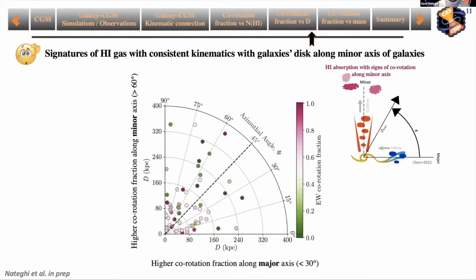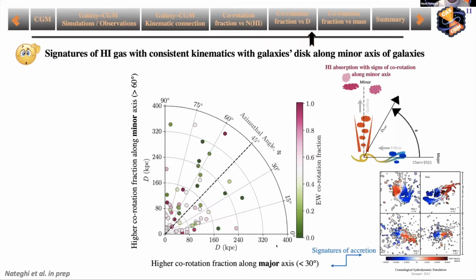So this could show that the gas with high corotation fraction along the major axis could probably trace the gas accretion onto the galaxy, but the corotating gas along the minor axis may trace the outflows that are still kinematically coupled to the host galaxy where they are ejected from, or this could also trace the galactic fountain where the gas is recycled back to the galaxy.